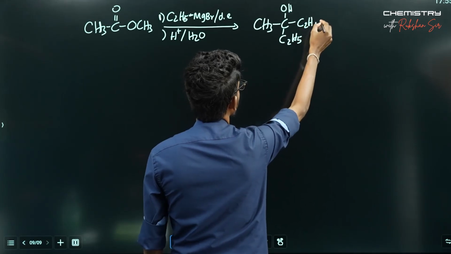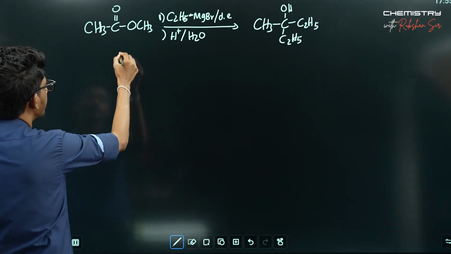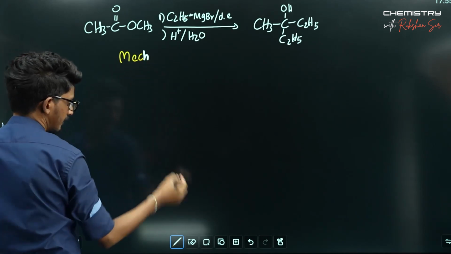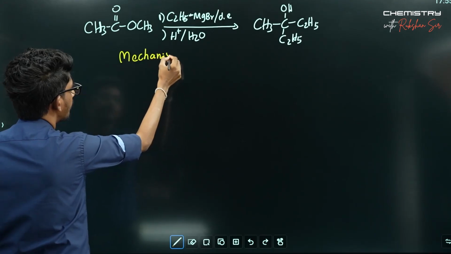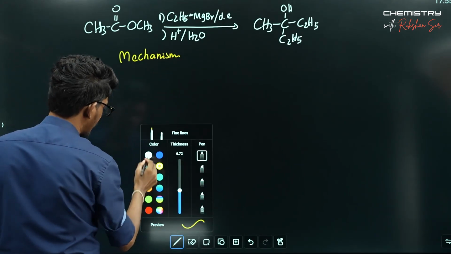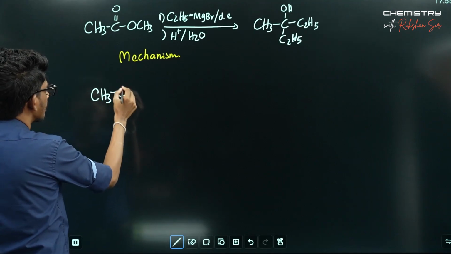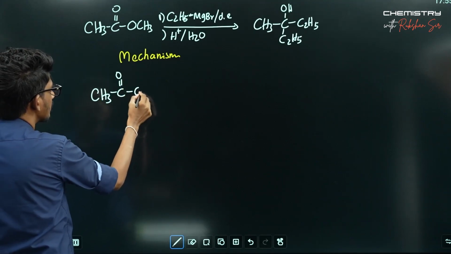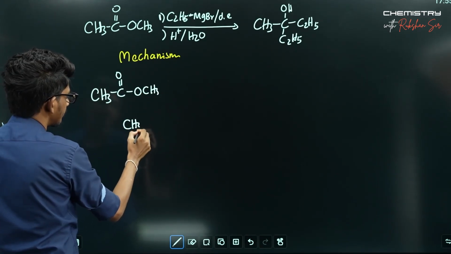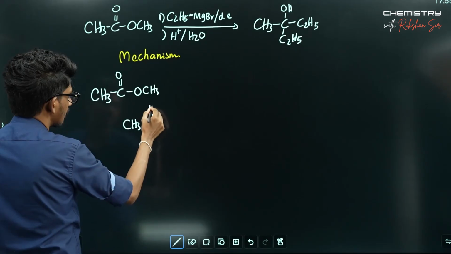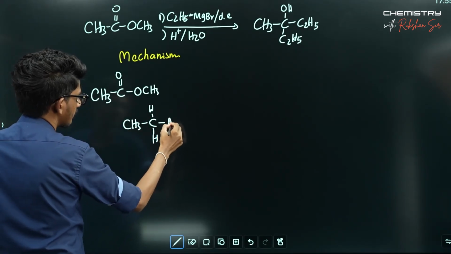Let's quickly discuss the mechanism there. This is what happens, right? Like in the acid chloride situation, the Grignard will attack this delta positive carbon of the ester, right?